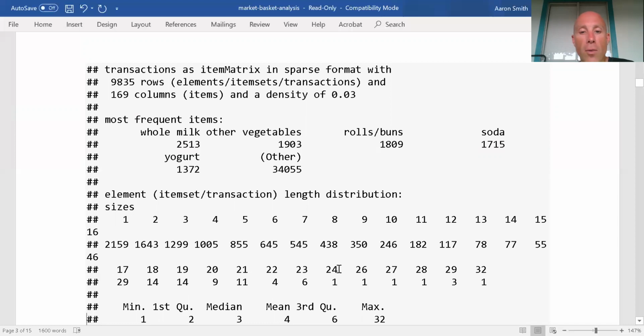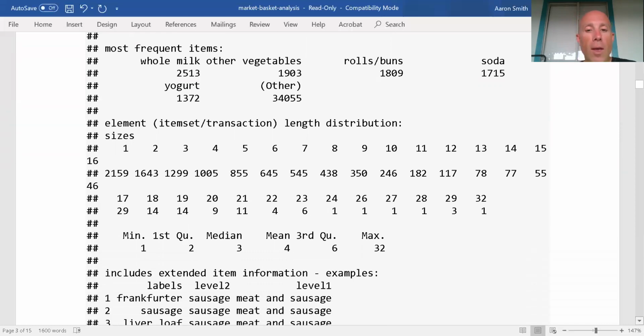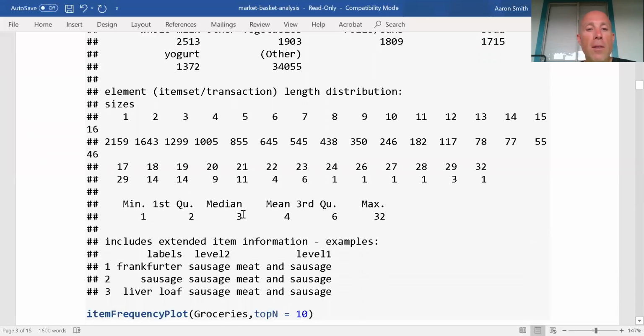So it skips 25, and you'll notice that out here it starts skipping numbers. It's pretty common for it to be this kind of decline setup. We can see that the median number of items is 3. The maximum is 32, and the minimum is 1. Not surprising.